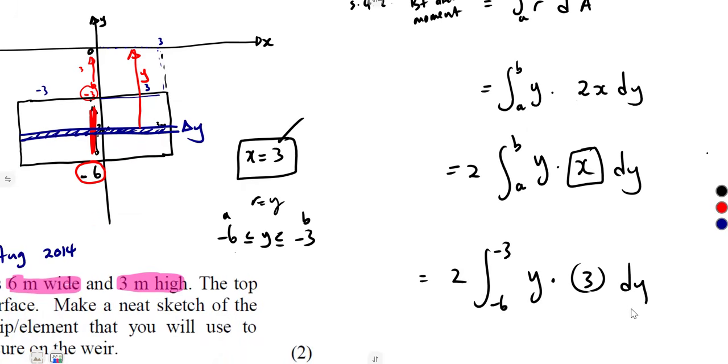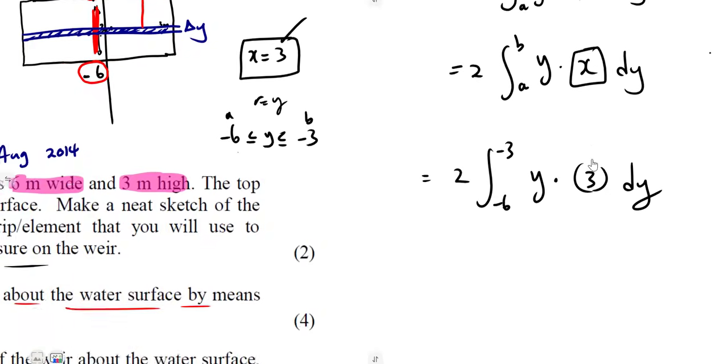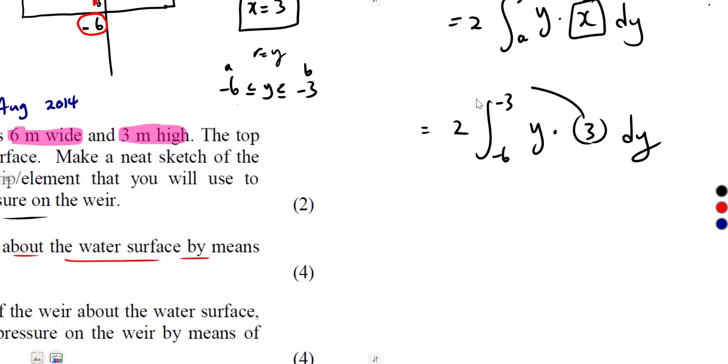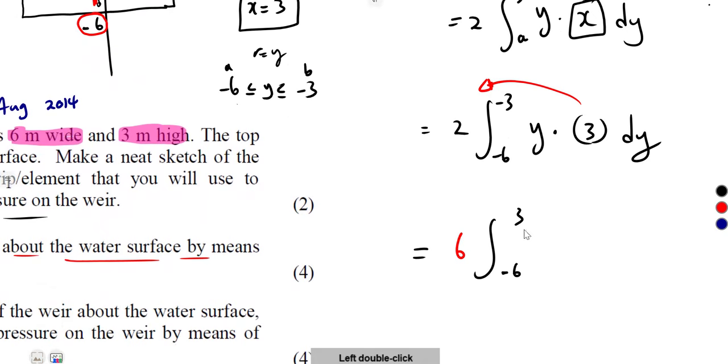So we can simplify this and take the 3 out of the integral. That's 3 times 2, which is going to give us 6. Then you can integrate what is remaining with the given limits, that's y with respect to y.